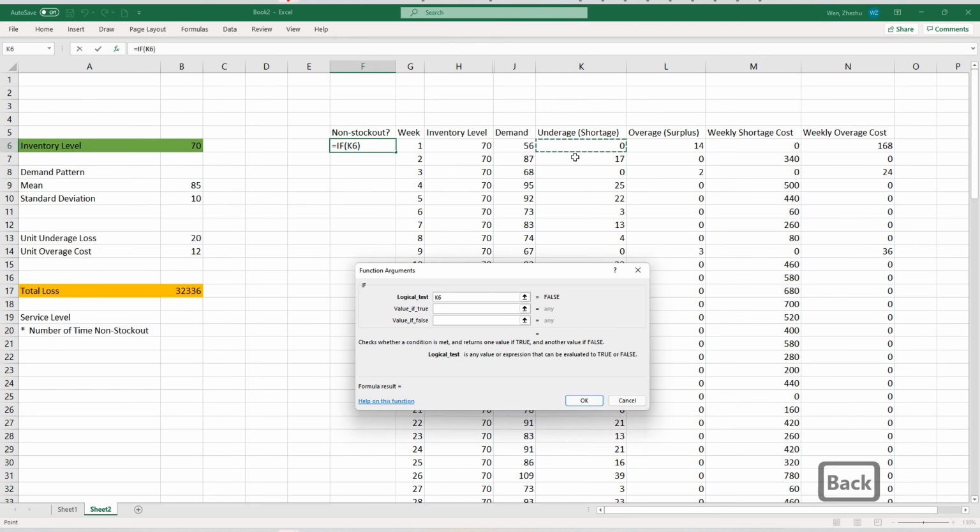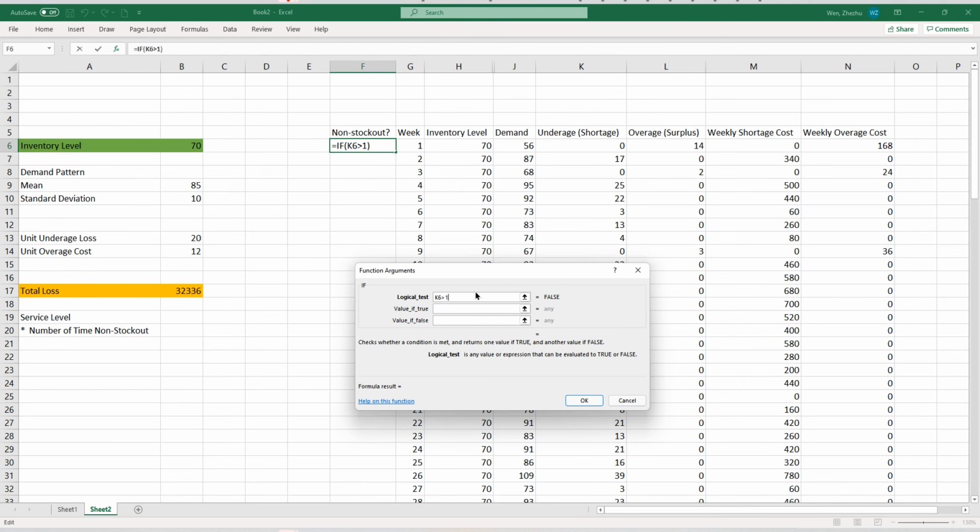If the underage is non-zero, that means a stockout happened. I hope you take some time to think about this. If the underage is 0, there's still a chance that there's no stockout. But if the underage is at least 1, the stockout happened for sure.